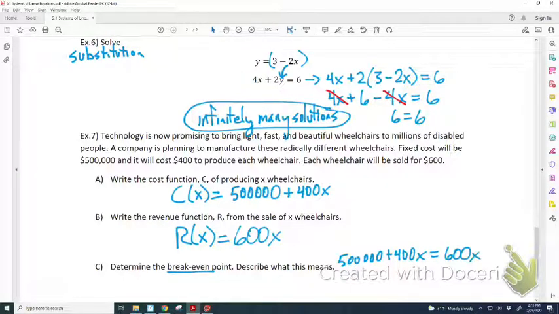Solve for x. Divide by 200. And we need to sell 2,500 wheelchairs in order to break even.